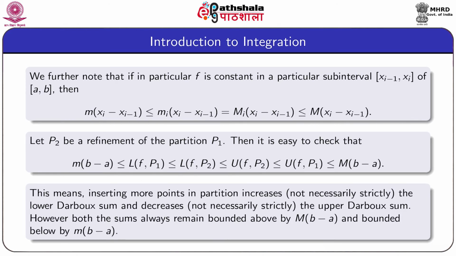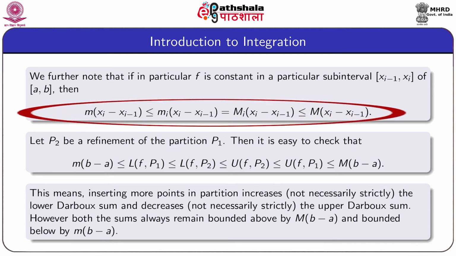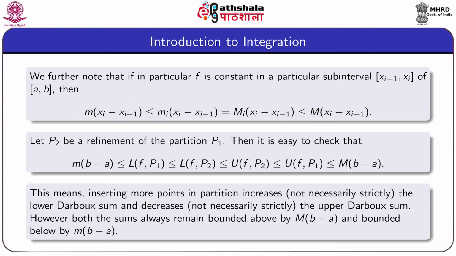We further note that if in particular small f is constant in a particular subinterval xi−1 to xi of [a,b], then small m times (xi minus xi−1) is less than or equal to small mi times (xi minus xi−1), which equals capital Mi times (xi minus xi−1), which is less than or equal to capital M times (xi minus xi−1).